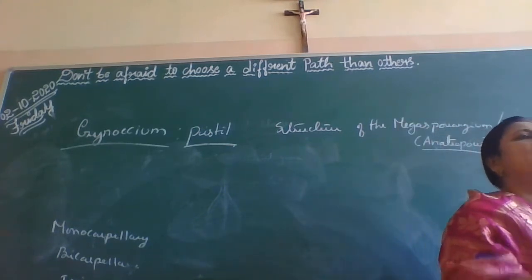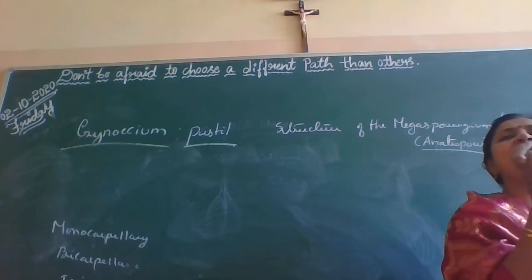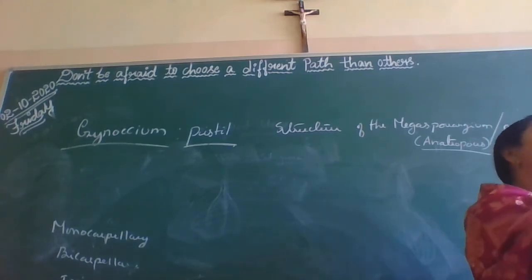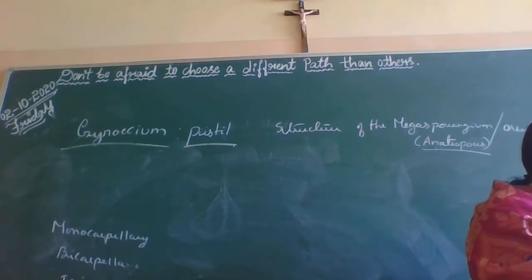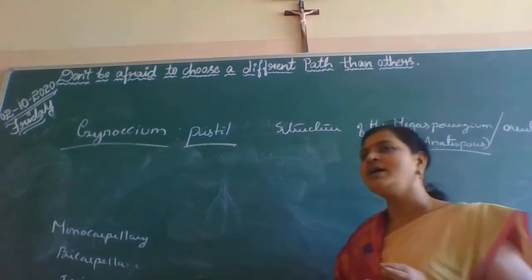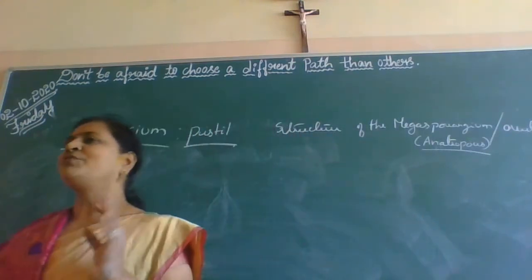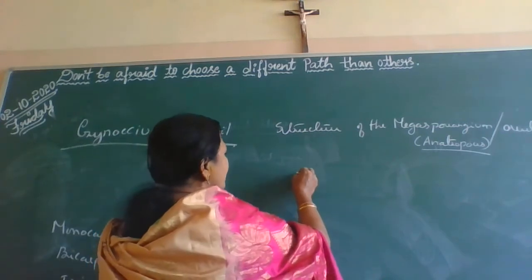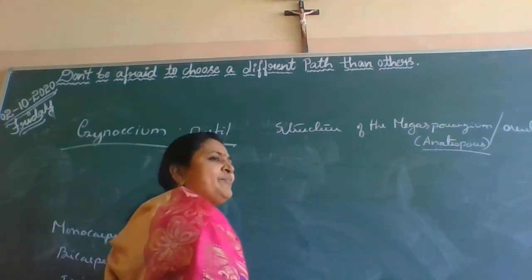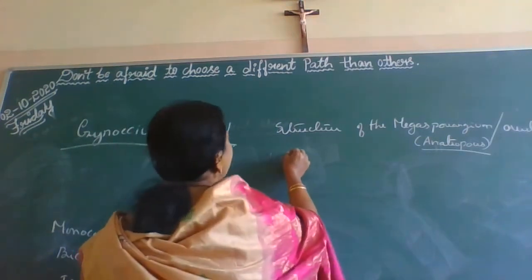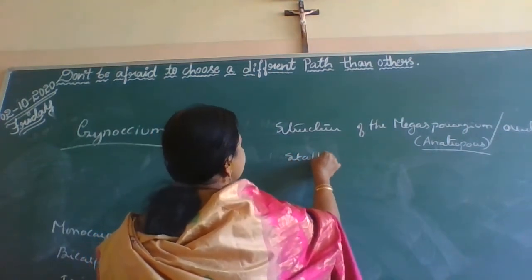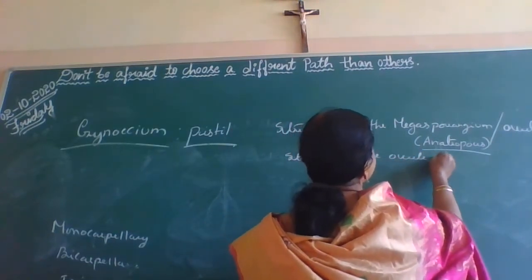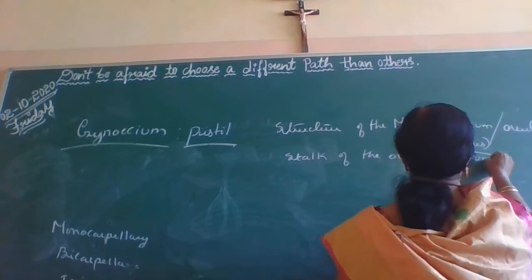This megasporangium arises from the placental tissue of the ovary. Now, this ovule has a stalk. The stalk of the ovule is called funicle.